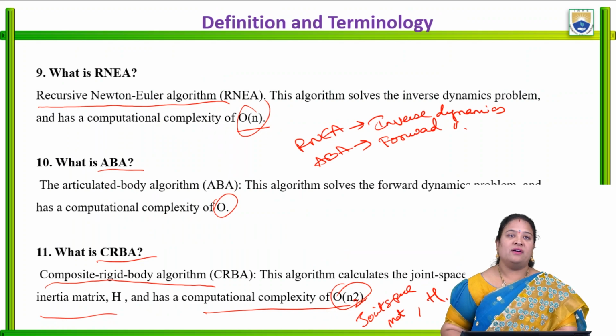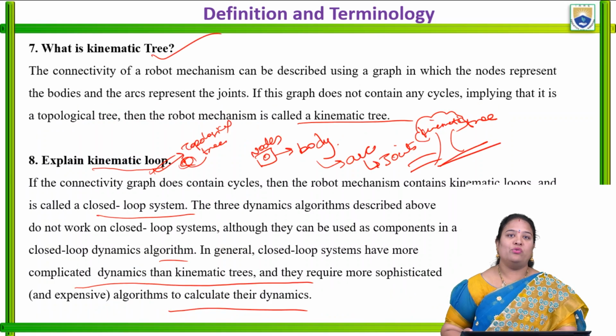We also covered the three types of algorithms used in the robot to calculate inverse dynamics, forward dynamics, or joint space dynamics, what we mean by the kinematic tree and the kinematic loop, and how it is interlinked with the kinematic tree that we have studied in the kinematic loop system.